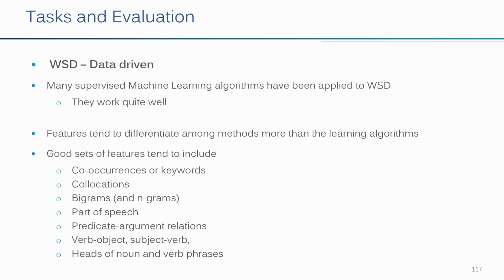So, many supervised machine learning algorithms have been applied to word sense disambiguation. Yes, they do work quite well. There are a bunch of other features that we're not talking about yet. For example, the co-occurrence of words, collocations, bigrams, part of speech, all of this can be used as a feature signal for whatever classifier you have.